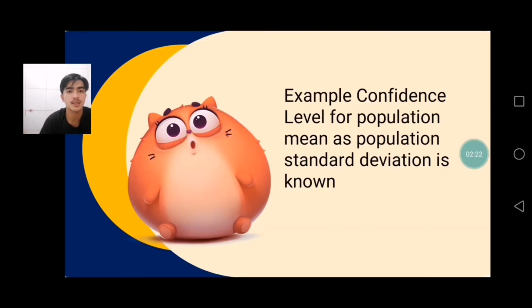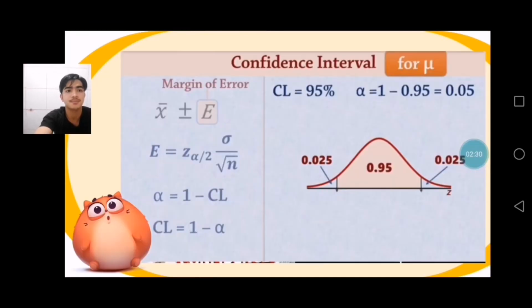Now let's take a look at an example of the confidence interval of a population mean when the population standard deviation, or sigma, is known. A confidence interval constructed from sample data is a range of values that is likely to include the population parameter at some specified level.